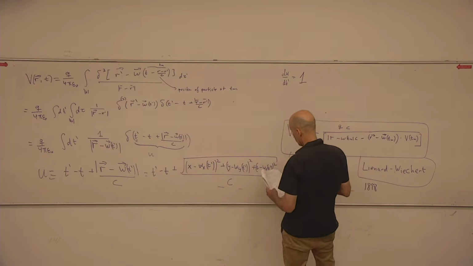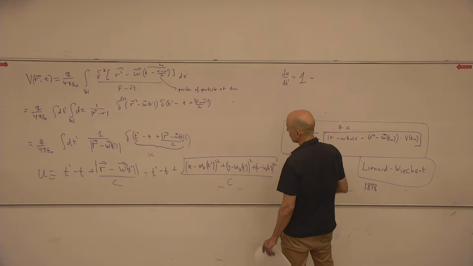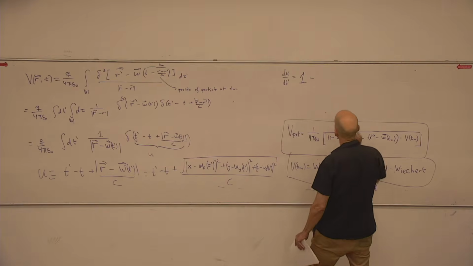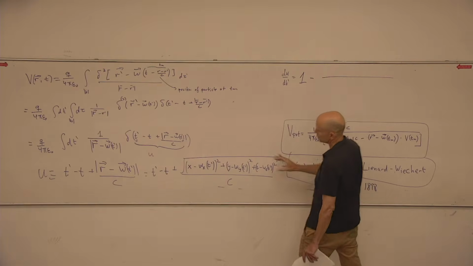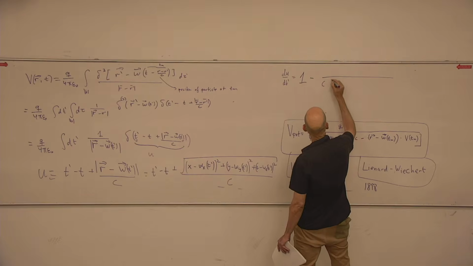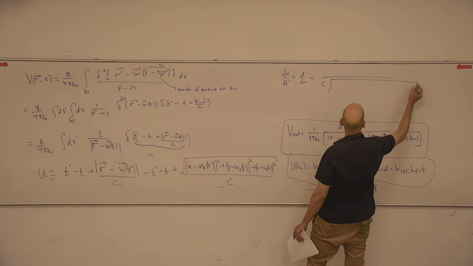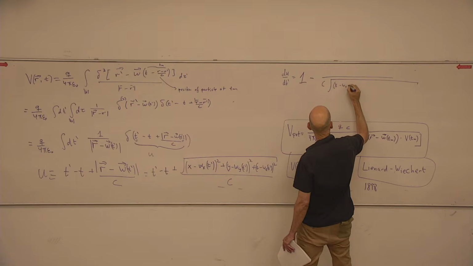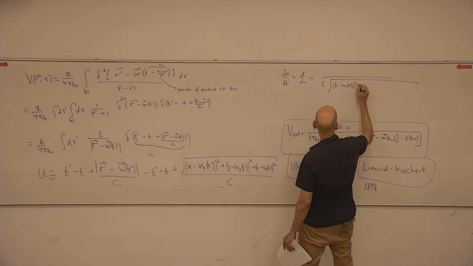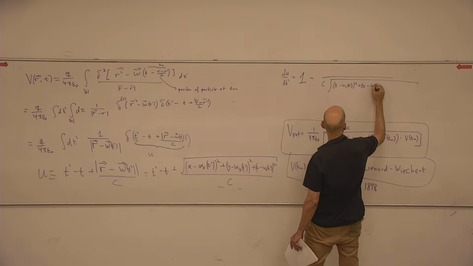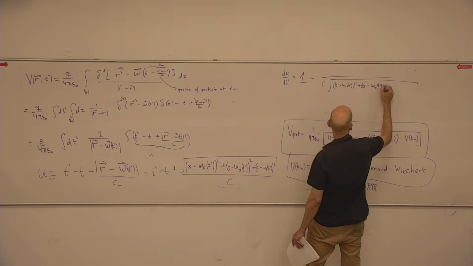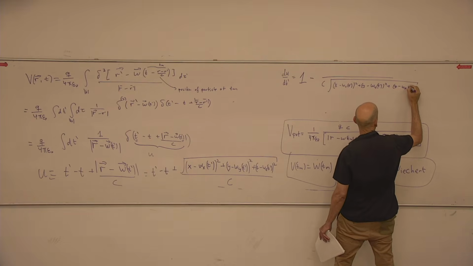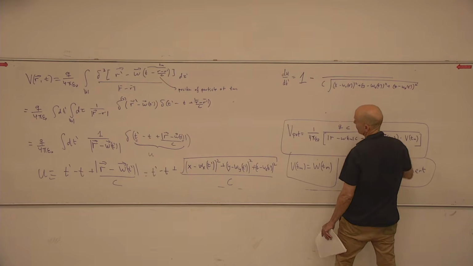The derivative will be equal to, there's a minus. The minus comes from here. Believe me that this is true. And now I have this square root, divided by c: x minus wx t prime squared plus y minus wy t prime squared plus z minus wz t prime squared.